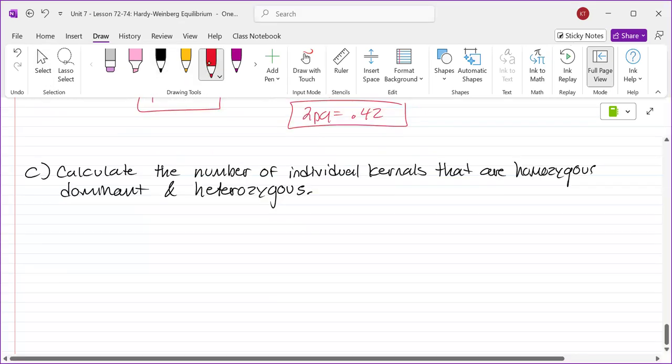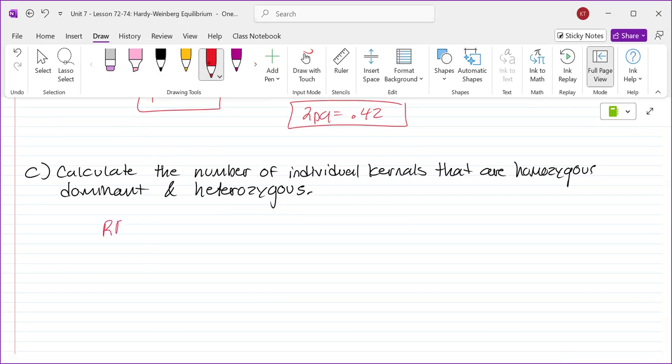So here's how you do it. For homozygous dominant, we have 1,000 total kernels. What was the frequency of kernels that were homozygous dominant in this problem? 0.49. So this math's pretty easy because it's 1,000. 49% of 1,000 is 490. 490 kernels are homozygous dominant.